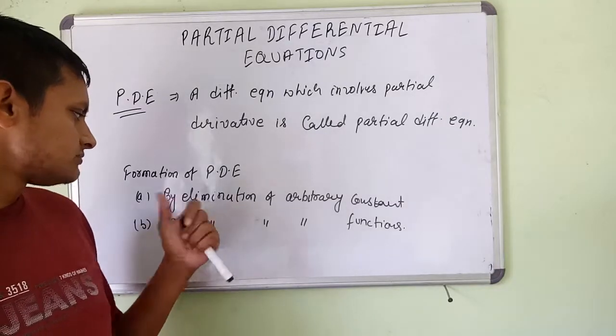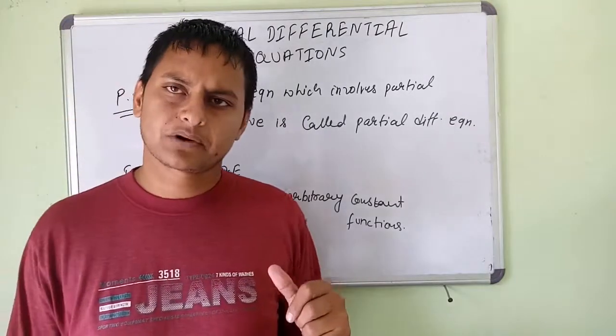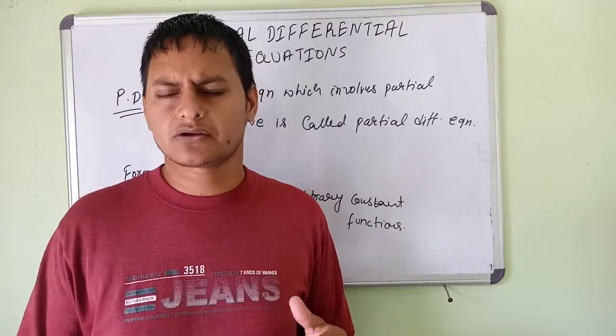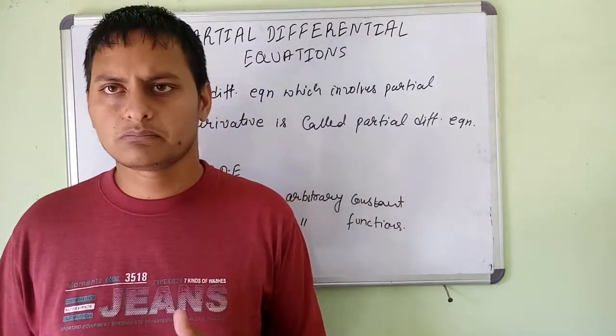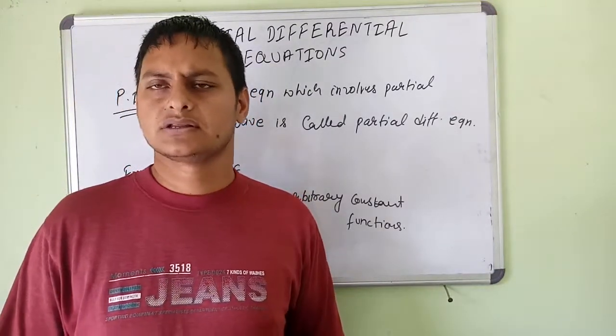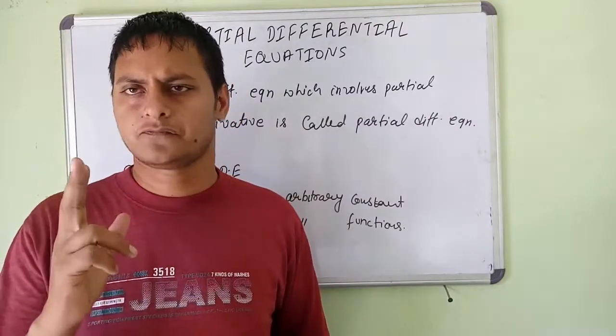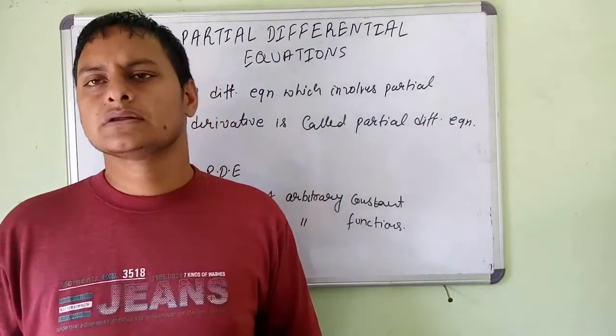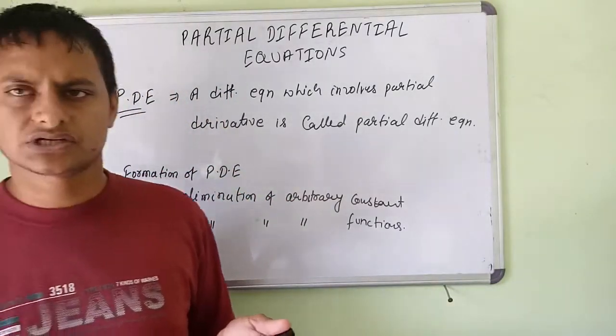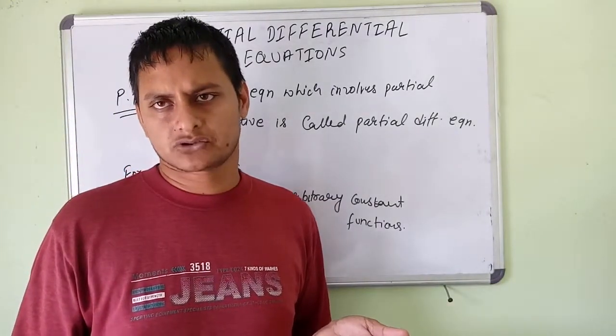In the first method, if the number of arbitrary constants is equal to the number of independent variables, then the partial differential equation is in the first order form.